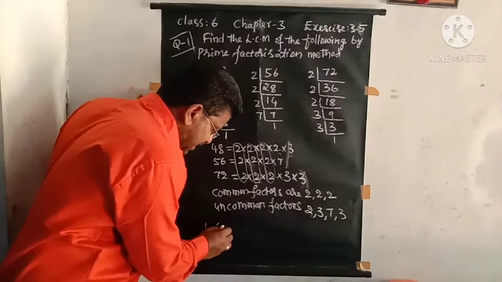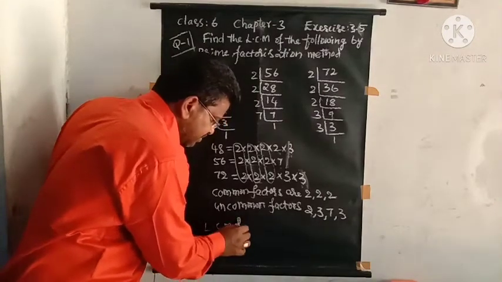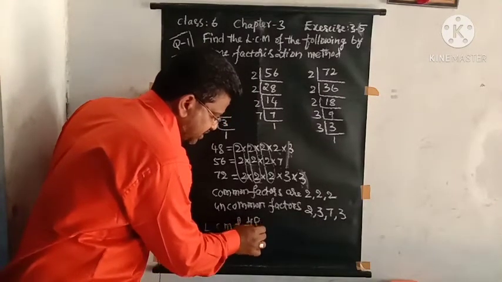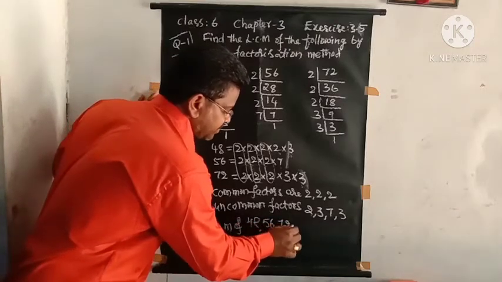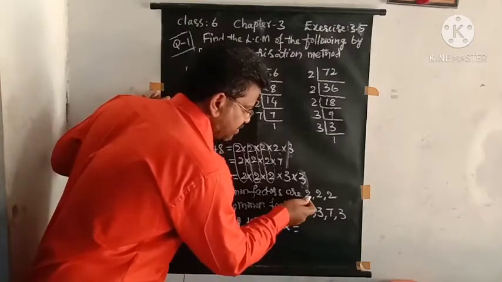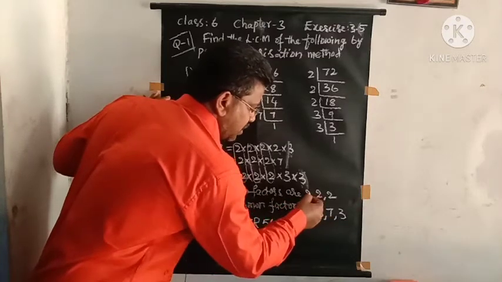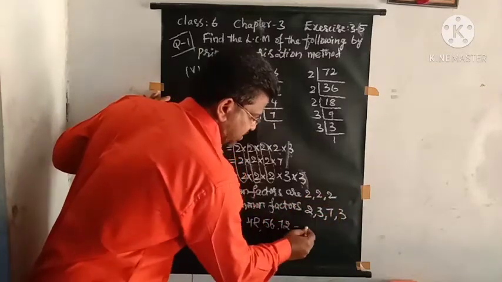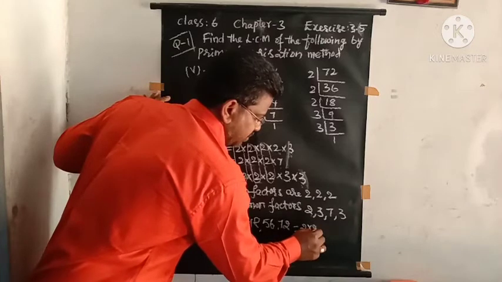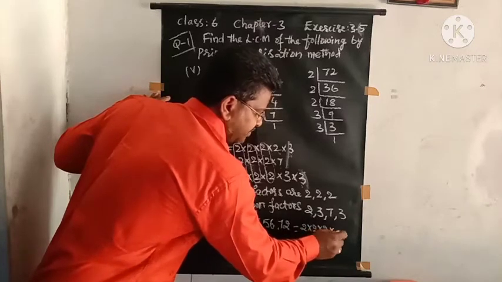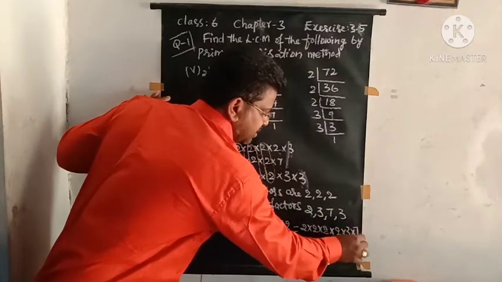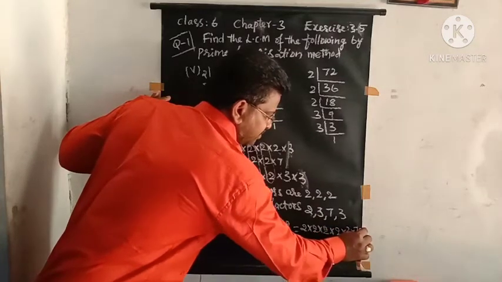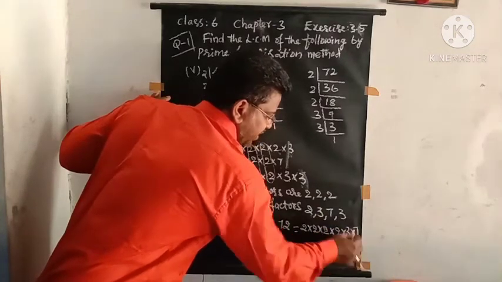So the LCM of 48, 56 and 72 is equal to the multiplication of all the common factors and uncommon factors: 2 into 2 into 2 into uncommon factors 2 into 3 into 7 into 3.